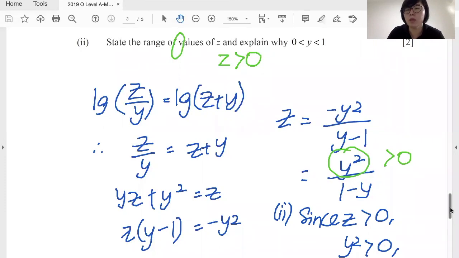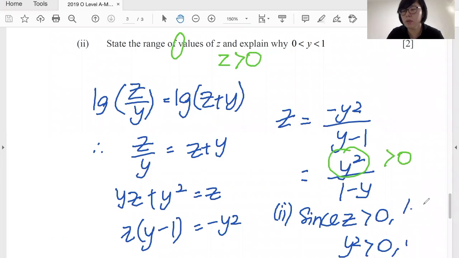Then we can tell something about our 1 minus y. Our 1 minus y, therefore, also has to be positive. Then I'll shift my negative y over, and then the sign has to change, so y has to be less than 1.